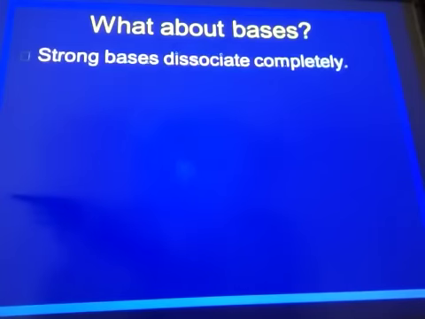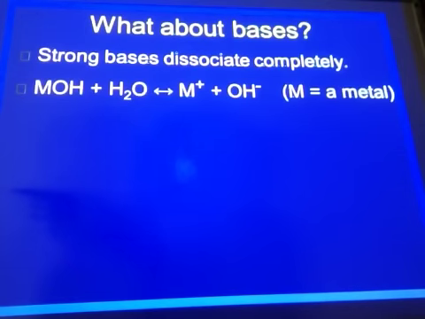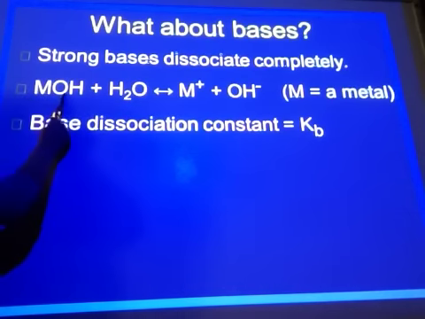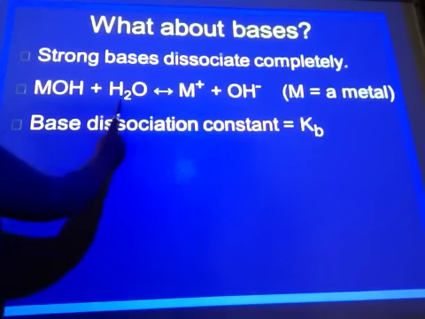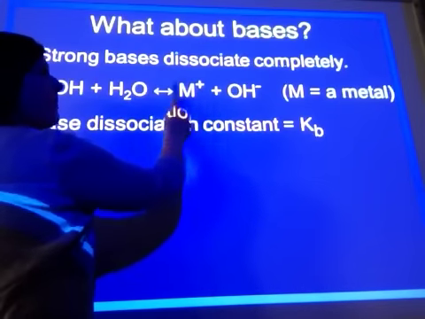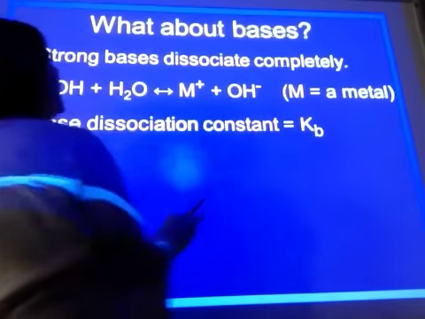So that means that I'd have a stronger acid. So let's look, for example, we can also look at a base, because Kb will be exactly the same thing as Ka. Our base dissociation constant is called Kb. Let's say, for example, I have a metal hydroxide plus water is going to make some metal ions and some hydroxide ions.